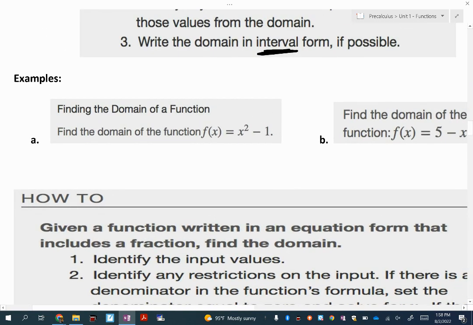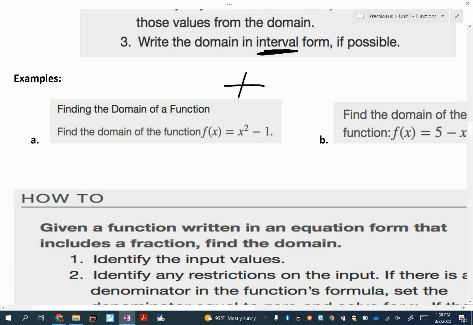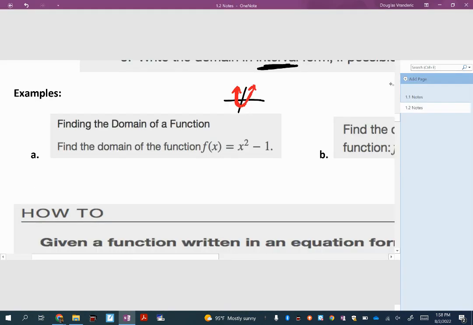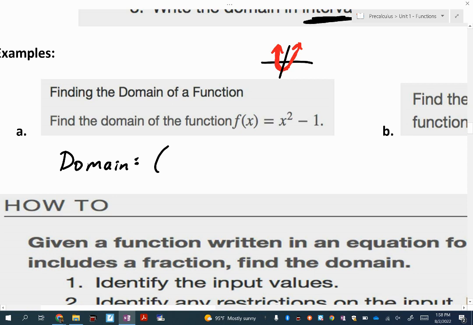If you were to sketch the quadratic function, that looks like our u, and it's moved 1 unit down. If you think about any restrictions on the domain, we can plug in any number we want and square it and then subtract 1. So the domain here is all real numbers, and in interval notation that means -infinity to infinity.